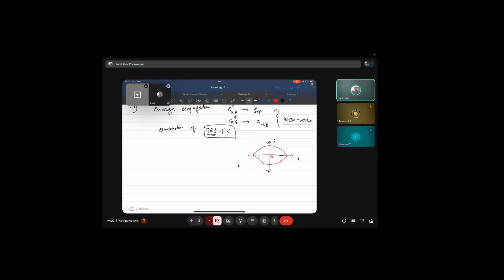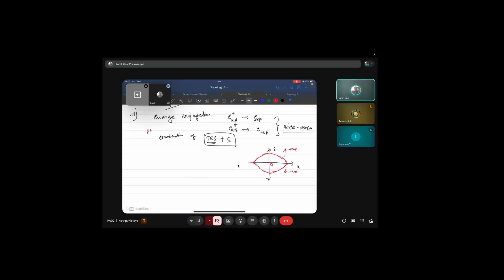So this is the zero, along this is positive energy, along this is negative energy. If this part is exactly copied here, just flipped, that means we have a charge conjugation symmetry, or in more simple words, what we sometimes also call particle-hole symmetry. So this is the easier way to understand it.